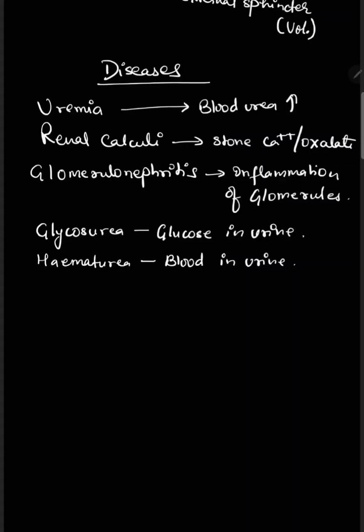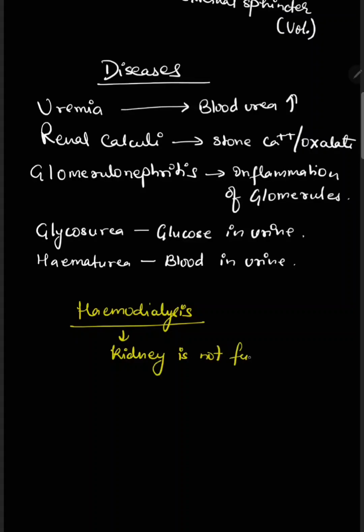Now, the last portion is the hemodialysis. Now, what is hemodialysis and when is it done? Hemodialysis is done when the kidney is not functioning properly, or failure of functioning of kidney.